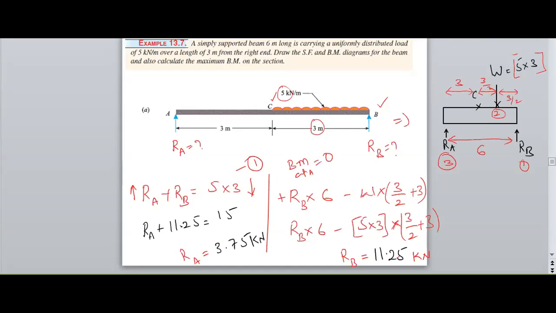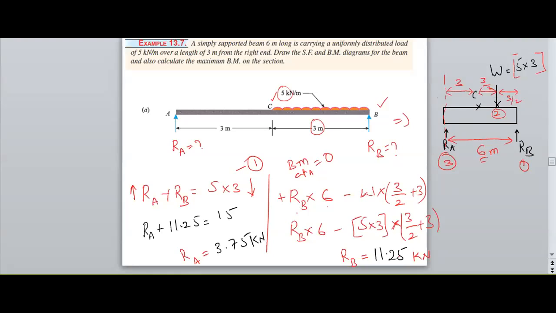Therefore, I need to consider a section at A. Here I have two forces and their perpendicular distances. RB has a perpendicular distance of 6 meters, therefore RB into 6. Another point load W has a distance of 3 plus 3 by 2 from A.